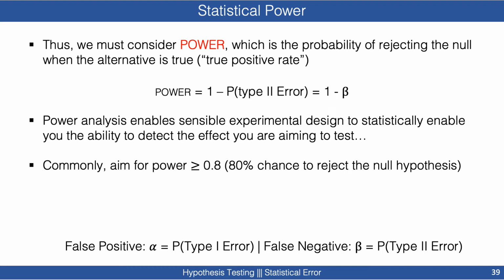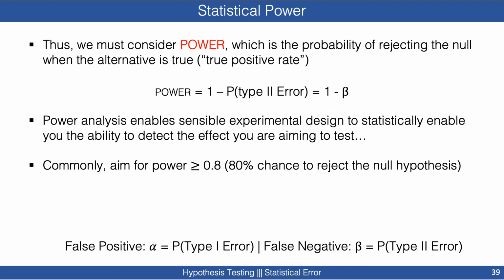And if the differences are small, you might require a greater sample size, or if the variance in your measurements is high, you might require a larger number of replicates to be able to have enough power whenever you get your data to reject the null hypothesis if the null hypothesis is not true.